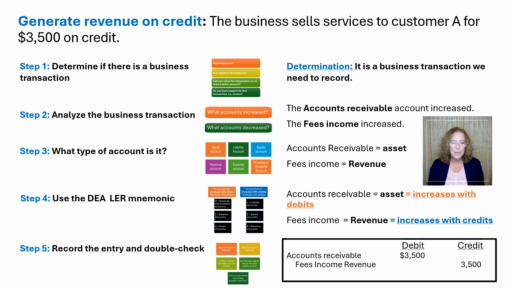Yes, in the owner's equity section of the accounting equation. Therefore, the owner's equity increased by $3,500 on the right side of the accounting equation. So both sides of the accounting equation increased and the equation still balances.